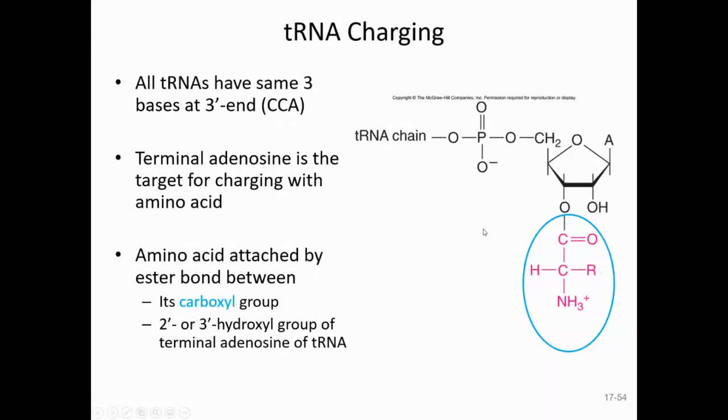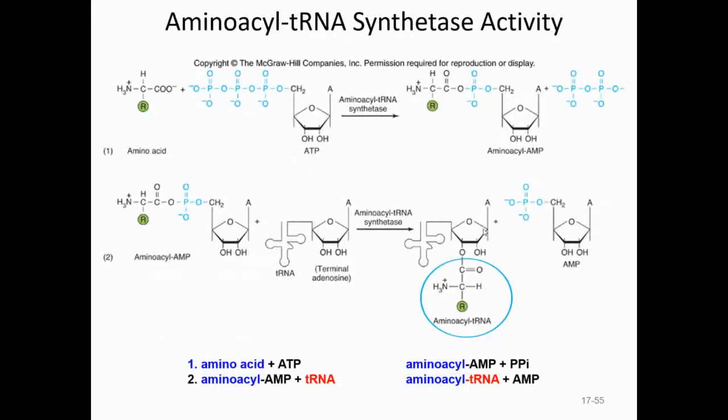And there are two steps to perform the charging. The first step is on the top, the second step is here. The first step would be amino acid plus ATP, giving you aminoacyl AMP and releasing the pyrophosphate. So we have amino acid plus ATP, and you activate the amino acid.